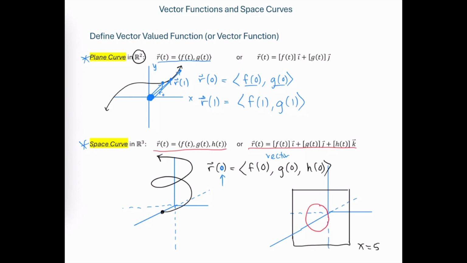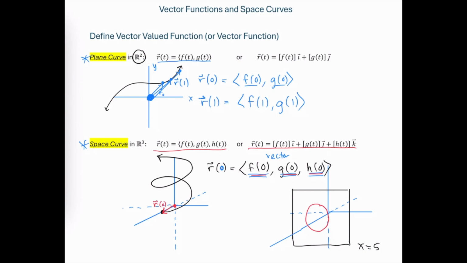And that vector output is going to be determined, or the components will be determined, by plugging that parameter, that independent variable, into each of the individual components. So the vector that we get out will be a position vector, where its initial point is at the origin, and its terminal point is going to be determined by the outcome of these parametric equations. So when we plug in the value t is equal to 0, we get an output vector that we'll call r evaluated at 0.